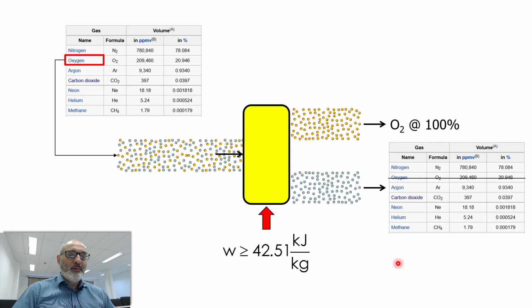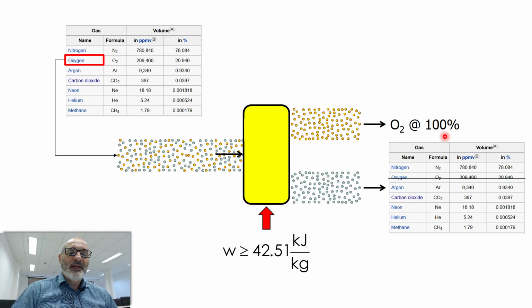Let's see it applied. This is the actual composition of the atmosphere, 0.21 roughly, and we get oxygen at 100% concentration here. On the other exit, we have all other components except oxygen. The other components can be mixed up, no problem.